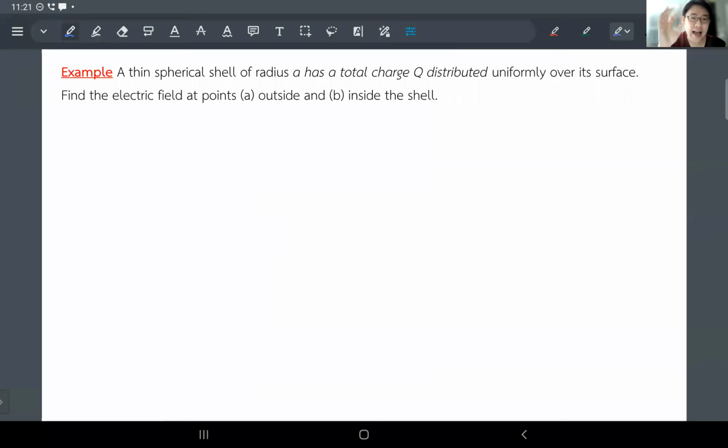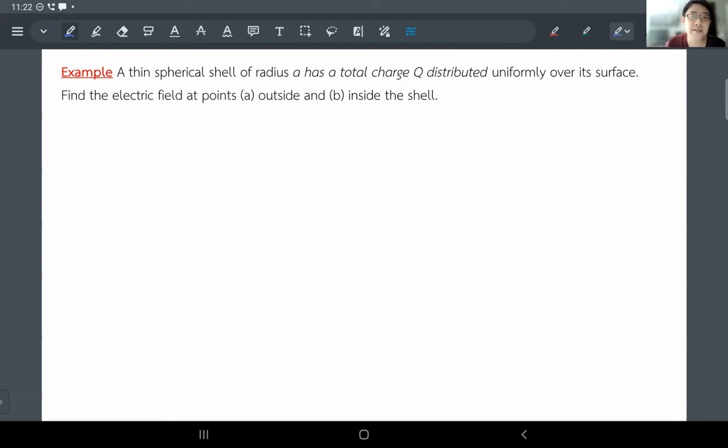Okay, because I think this is already heavy enough, and I want you to have time to let this whole process stick in your head before we move on to the next subject. But anyway, if you know how to do the flux calculation, and if you know how to do Gauss's law, which is just a direct application of the flux calculation, this one's supposed to be easy for you now. Okay, guys, try this one.